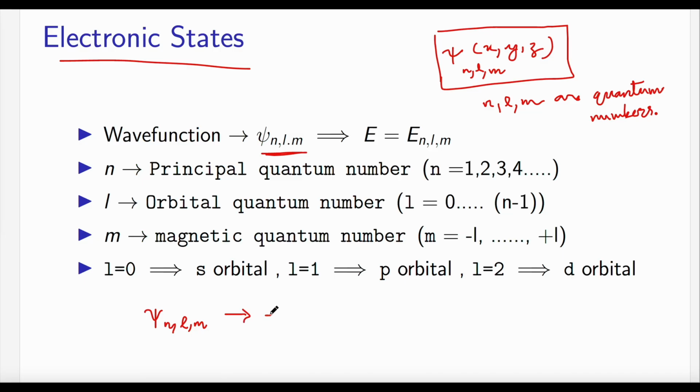So if the electron has this wave function, then its energy, its orbital angular momentum, and the component of angular momentum along z have definite values.